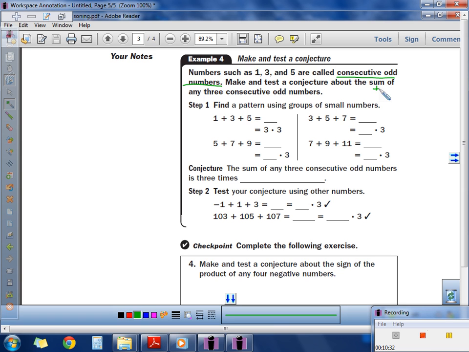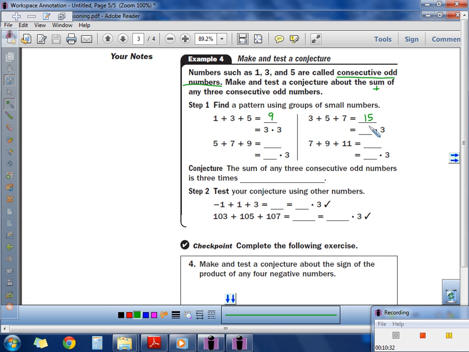So let's look at that. They give us some good information here. So here are the first 3 consecutive odd numbers. 1, 3, 5. What happens when you add all of them up? They come out to 9. Let's look at 3, 5, 7. 3 plus 5 plus 7. What's that come out to be? 15.